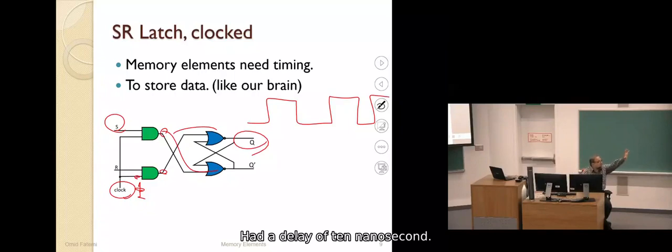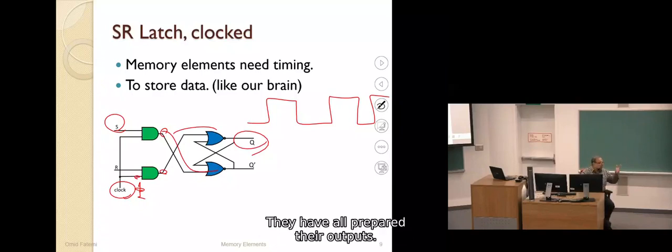This part had a delay of 10 nanoseconds, this part 8 nanoseconds, this part 12 nanoseconds, this part 5 nanoseconds. So they have all prepared their outputs. Now the outputs are ready, the next clock comes and it works. So with a clock, we synchronize everything. It has a very important role. So in all of the circuits from now on, I guess you could see the clock because of the synchronous design.